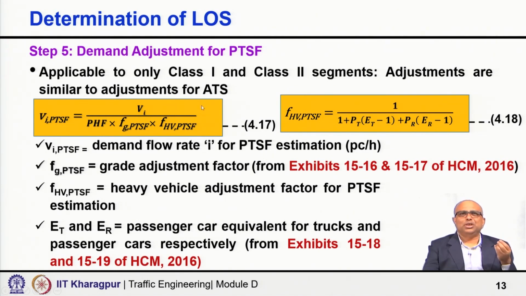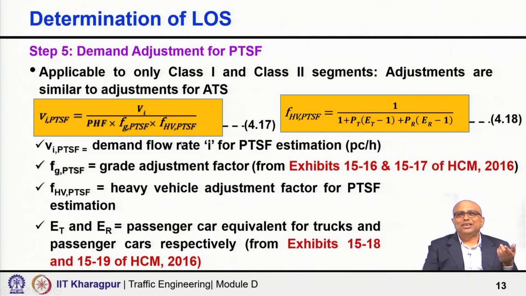As I said, it is only done for class 1 and class 2 segments, and the formulas look very similar. Only here you have f_G,PTSF, whereas earlier, when we did it for ATS, it was f_G,ATS, that means the grade correction for the calculation of ATS. Now, this is the grade correction for calculation of PTSF. Similarly, f_HV,PTSF; earlier it was f_HV,ATS.